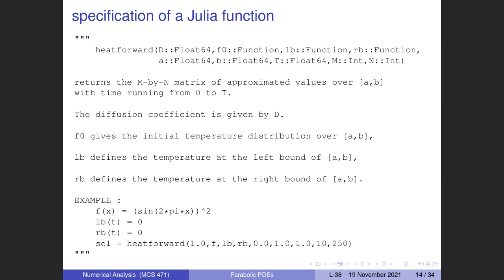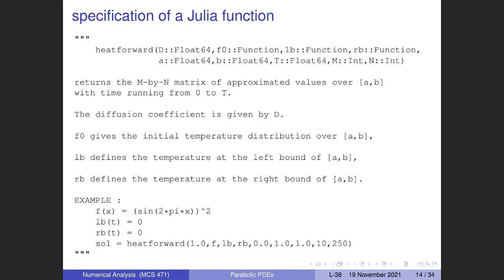And here is the Julia function. The Julia function that defines the time stepping formula on our running example, although the function is quite general. So we have the parameters in the heat equation, the diffusion constant, the initial temperature, so F naught is a function in x.